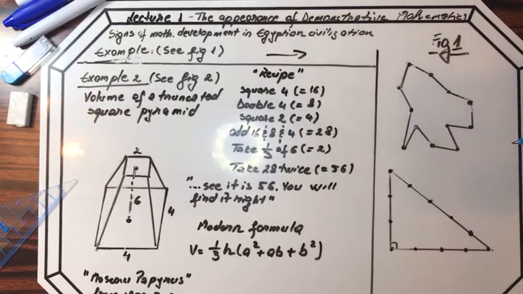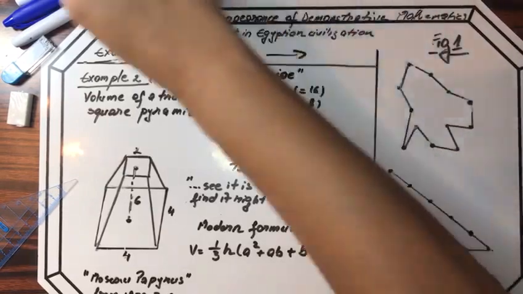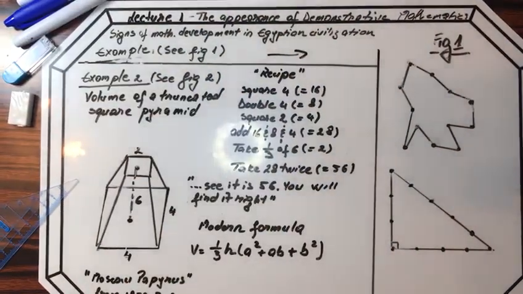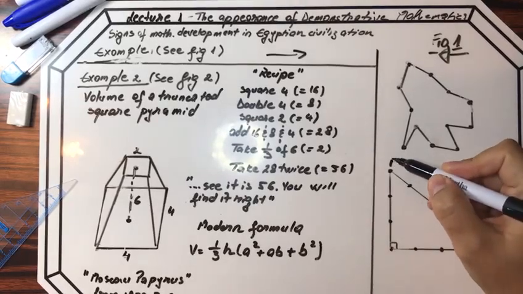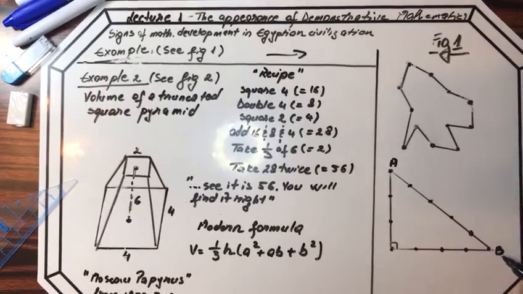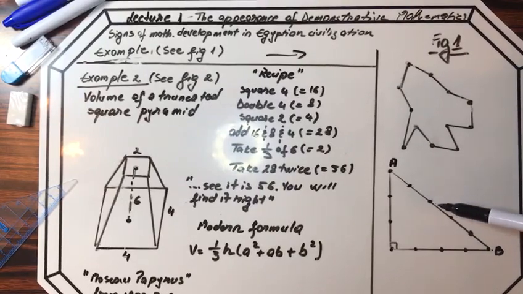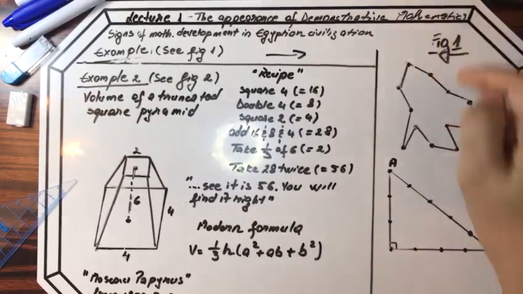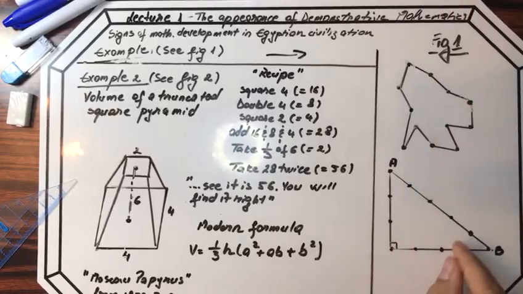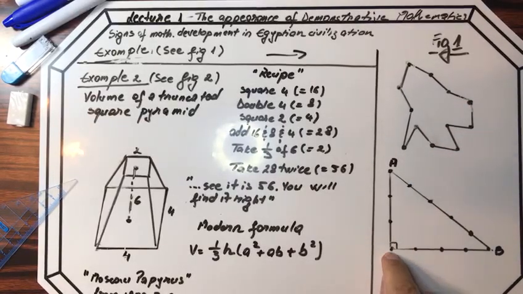And to create a right triangle, what they did is they took 5 of those and placed them on a straight line, let's say from point A to point B. So 5 of those, 1, 2, 3, 4, 5, were placed in a straight line, and then once they had this straight line, they would pull the remainder and pin it somewhere, and the result would have been a right triangle.